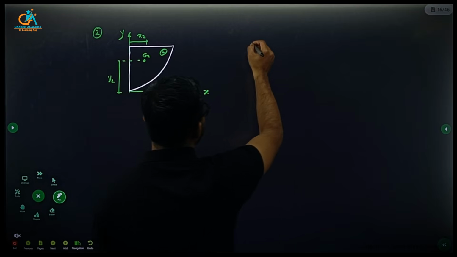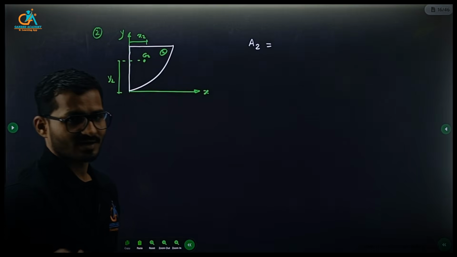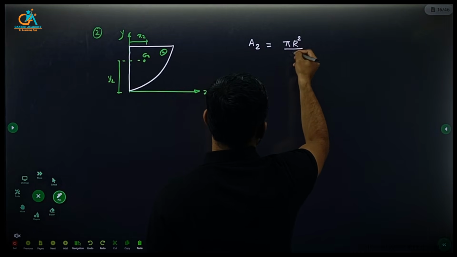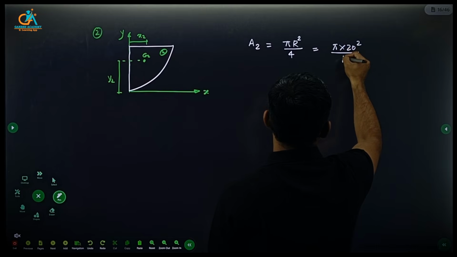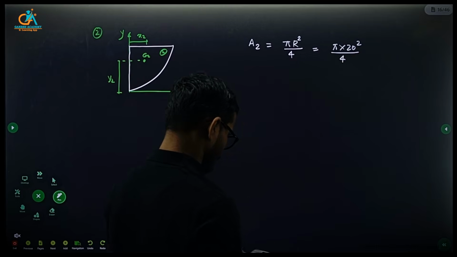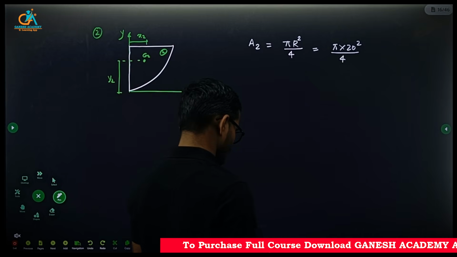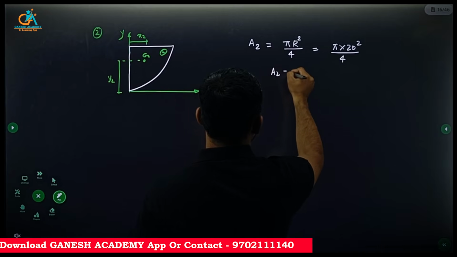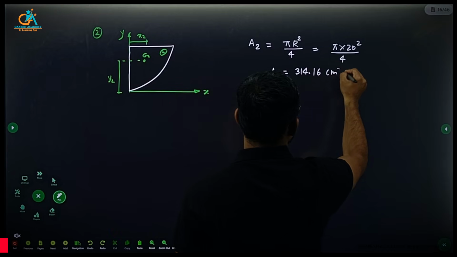Yes. So first find the area for the second diagram. This is a quarter circle, that means the area of the circle divided by 4. So pi r square by 4, where radius is 20. 100 pi you can write, or 314.159 centimeter square.